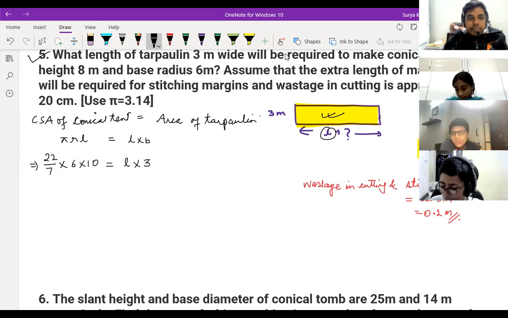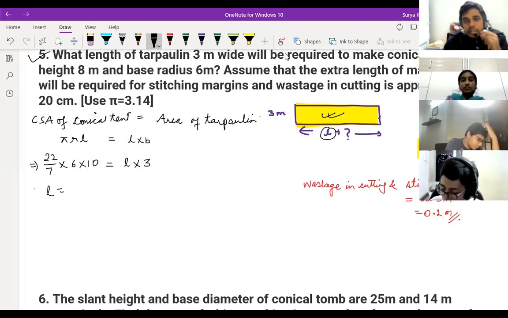Can we find the length from here, children? Sir, we found the length. No, just now you found the length of this one, that is the slant height of the cone. And this is the length of the tarpaulin.